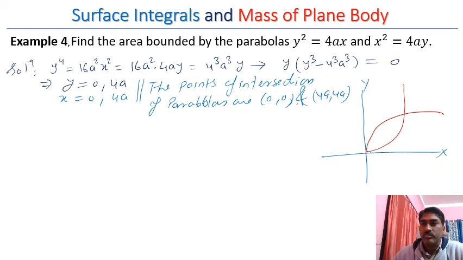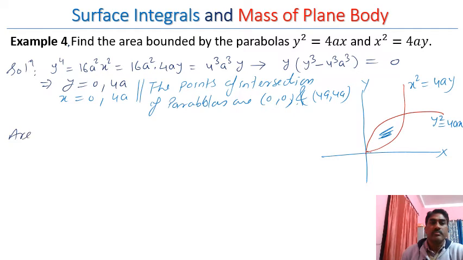So this is y square is equal to 4ax, and this is x square is equal to 4ay. So these are the curves, and this is the area bounded between the curves which we need to find out. So area, we have discussed in the previous lecture, that area is double integral over the region dy dx.